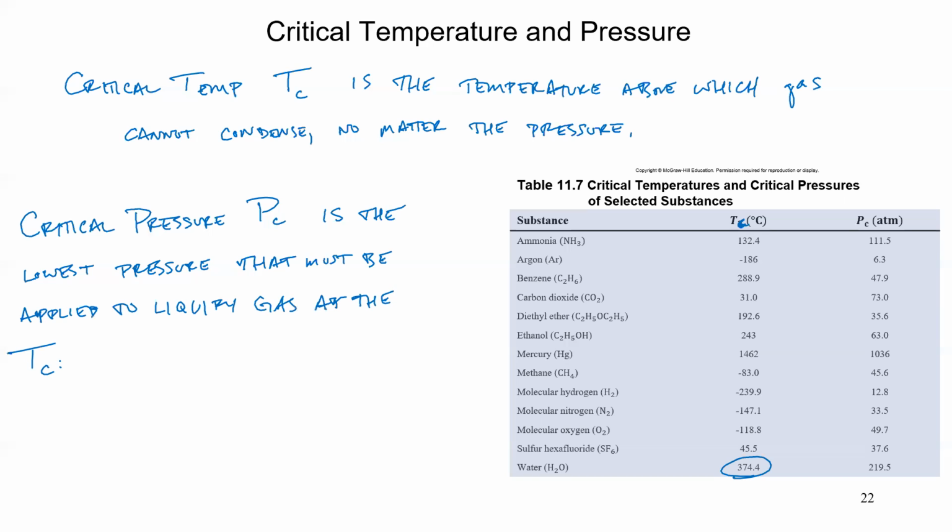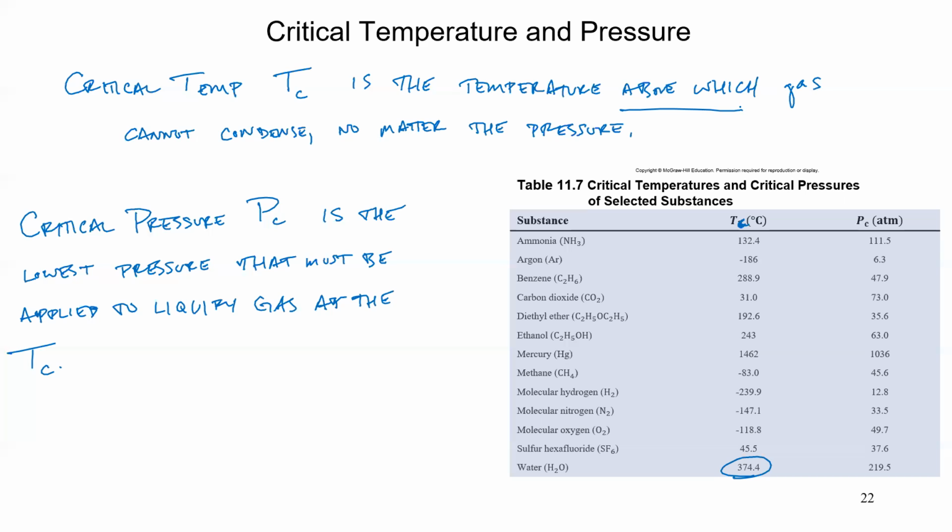I thought you just said you can't liquefy gas at the critical temperature. Well, this is the temperature above which gas cannot be condensed, right? So the critical pressure and the critical temperature form a point where if we are above that temperature, we can't condense at all.